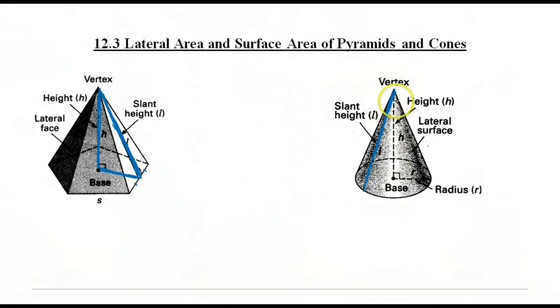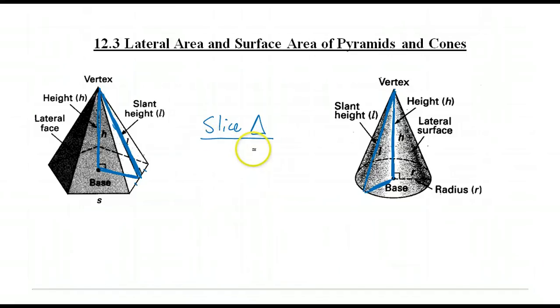If I do the same thing here, if I connect the height of my cone to the slant height and connect those two lengths together, I've created a triangle inside of my cone.